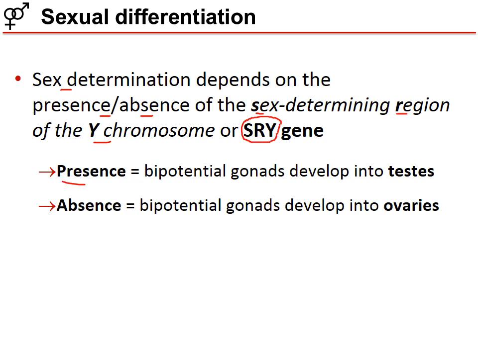In the presence of this gene, the bipotential gonads will develop into the testes. And in the absence of this gene, the bipotential gonads will then develop into the ovaries. So this whole process specifically depends on the presence or the absence of the Y chromosome.